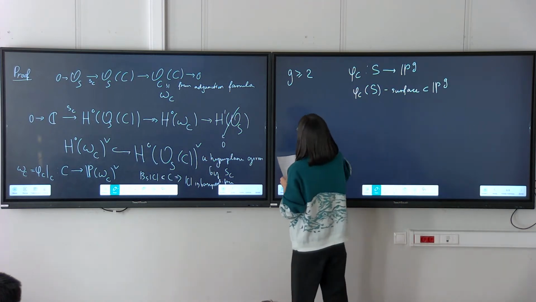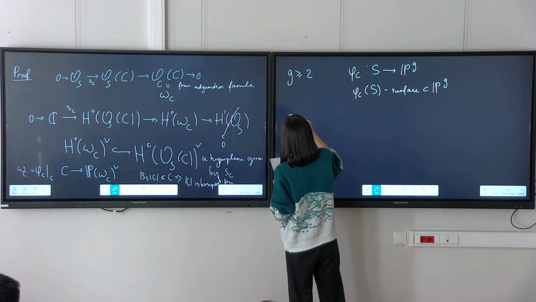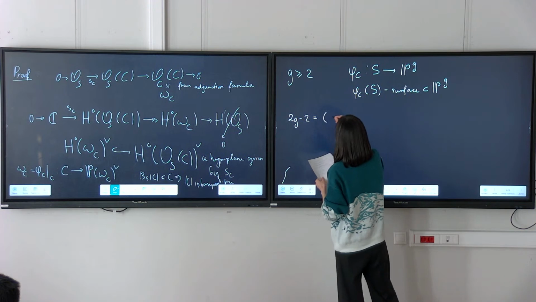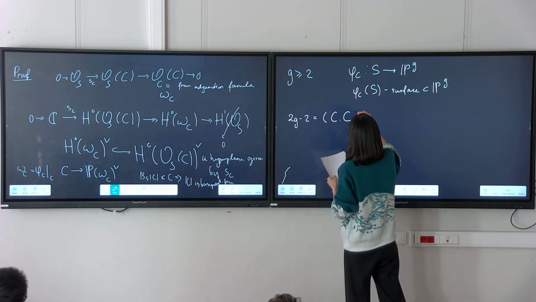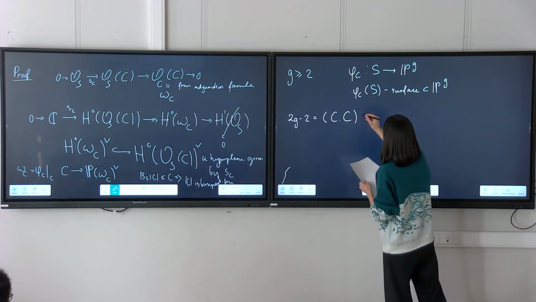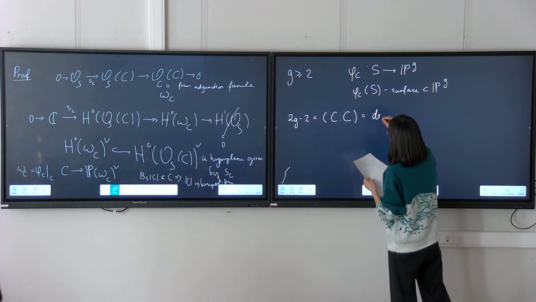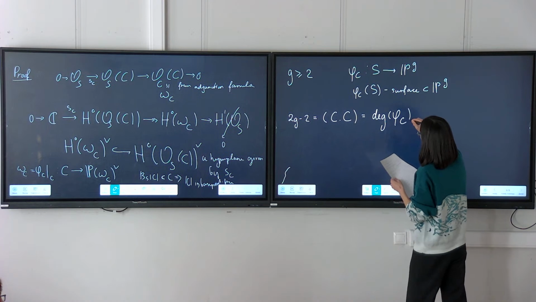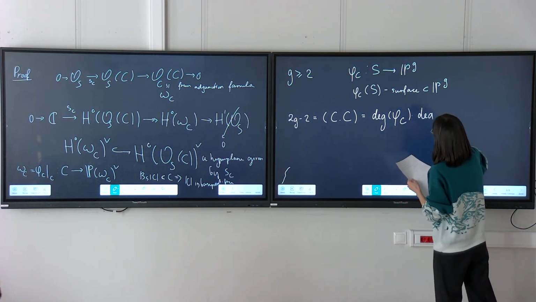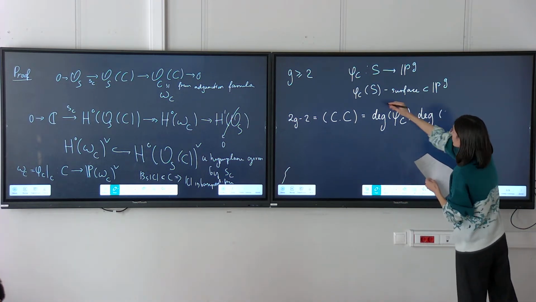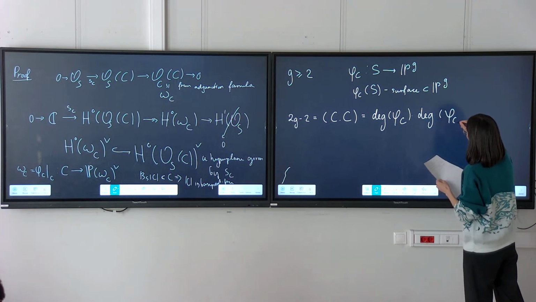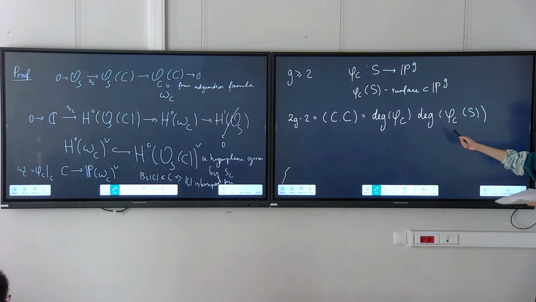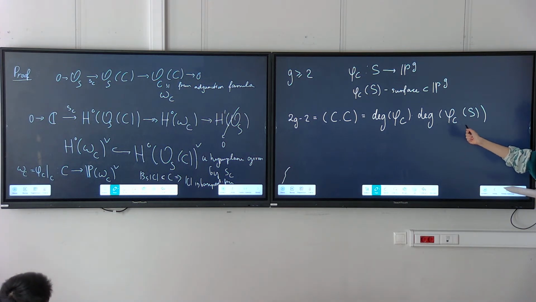And in fact, we also proved that 2g minus 2 is equal to the self-intersection of C, which is equal to the degree of phi_C times the degree of the surface. Is this clear, or do I need to explain this?